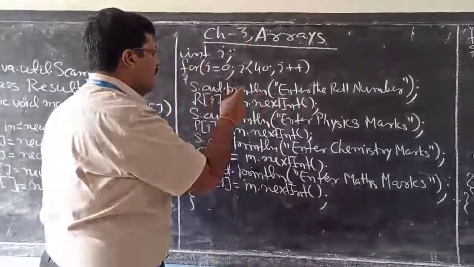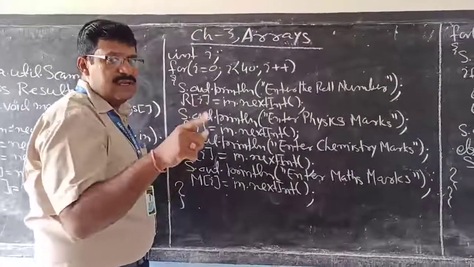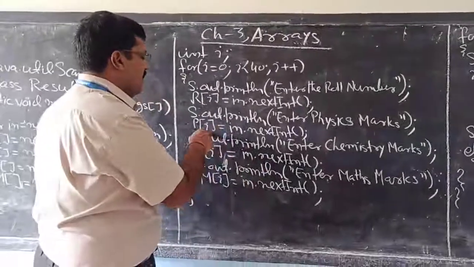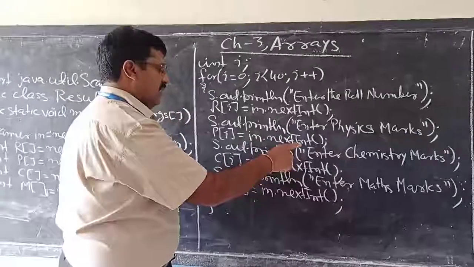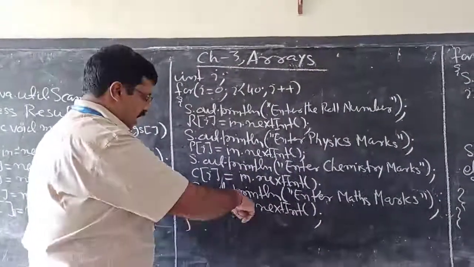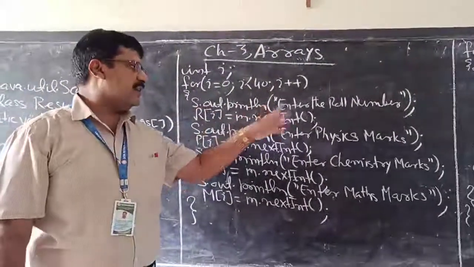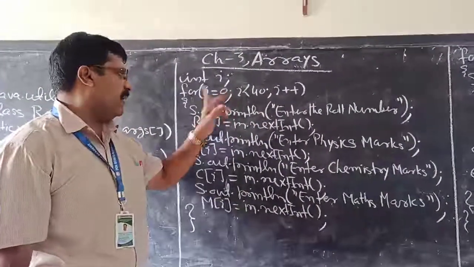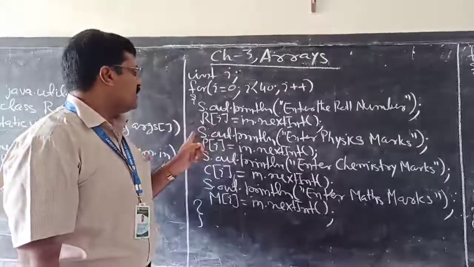So it will ask again, enter the roll number, R[1]. This roll number R[1] is for the second student. The same way, physics marks P[1], chemistry marks C[1], maths marks M[1]. Again go for the next i. The next i will be 2. System.out.println enter the roll number. The value of i is now 2, R[2] equal to in.nextInt().